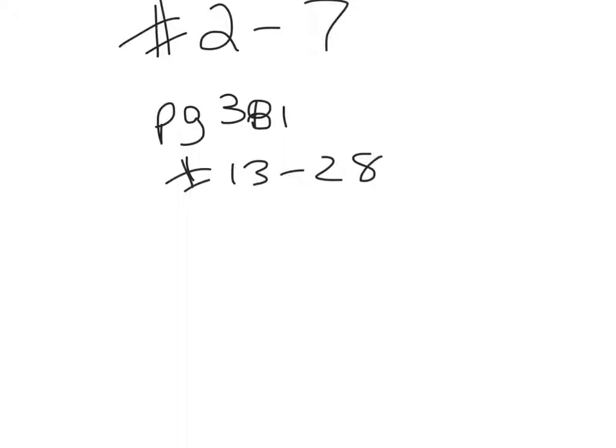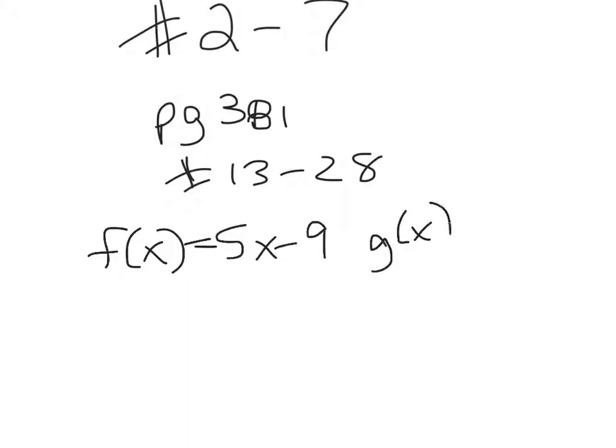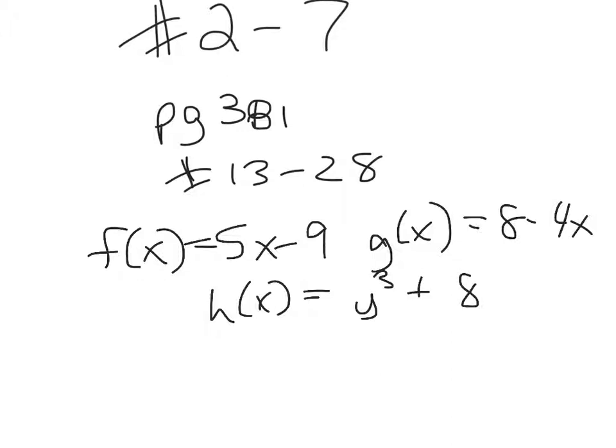So on the test, though, I'm going to give you, for example, I'll say f of x equals 5x minus 9. And then I'll say g of x equals 8 minus 4x. And then I might say h of x equals y to the third plus 8.